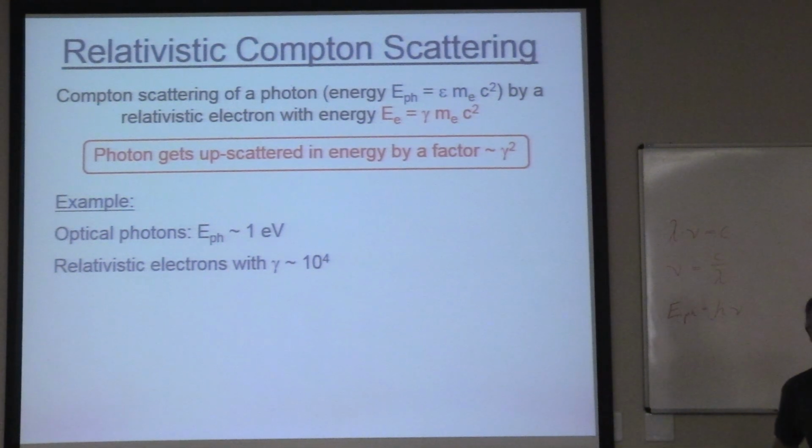Can somebody define what an electron volt is? I think if an electron moves through a potential of 1 volt, that's the amount of energy it obtains. Exactly.